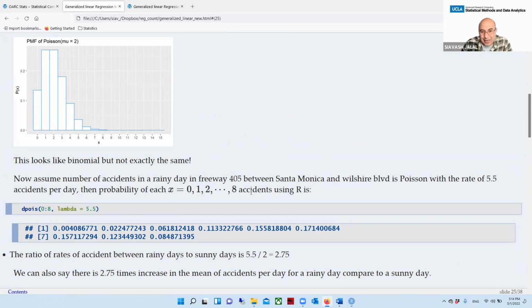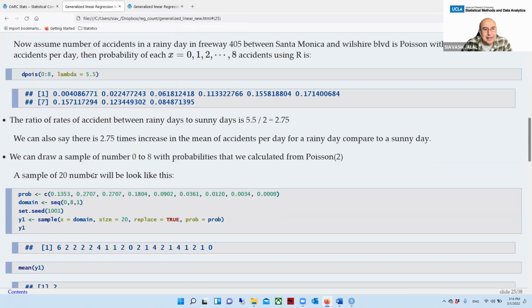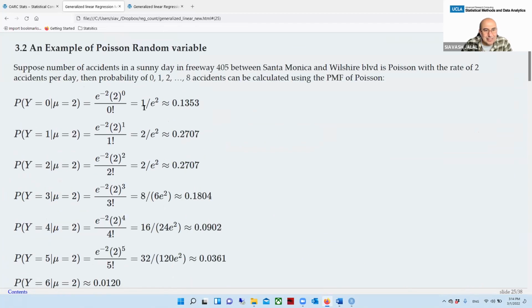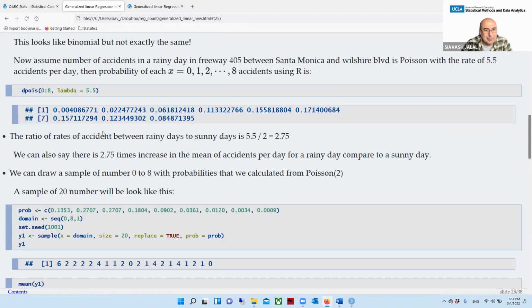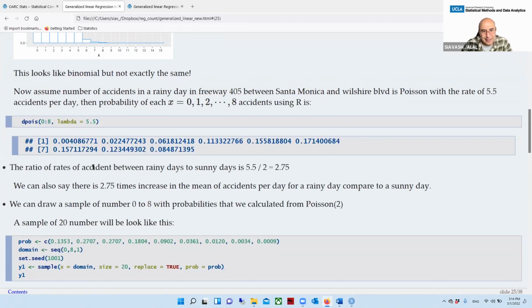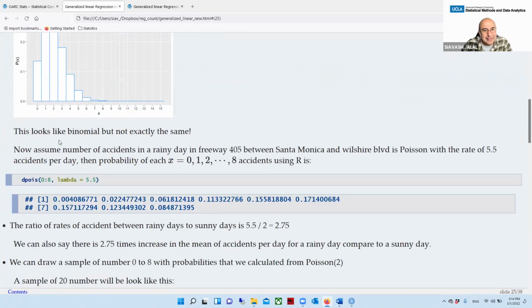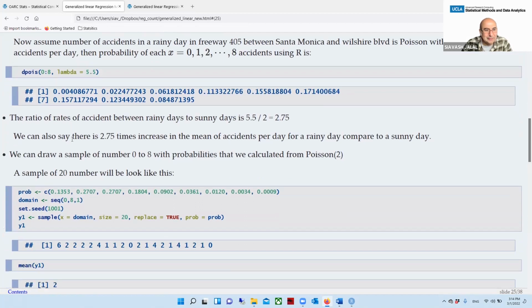Then you can calculate the probability of each of the outcomes, and it's a little different than this one. For this one, the probability of 0 was higher. Here the probability of 0 is lower. As the rate goes up, this is going to be more like a bell shape, by the way.